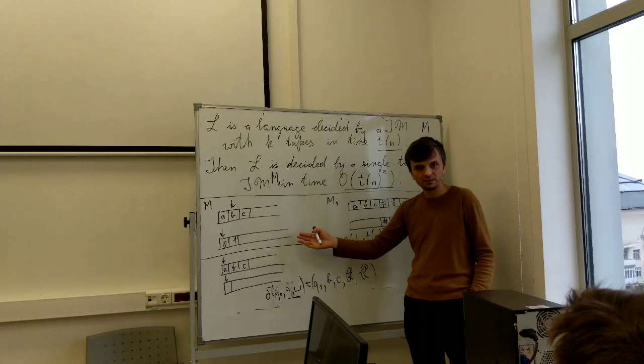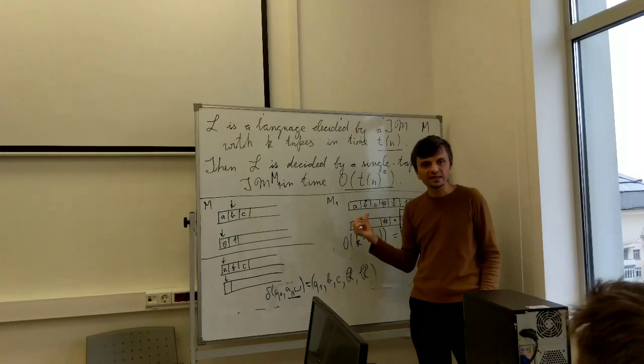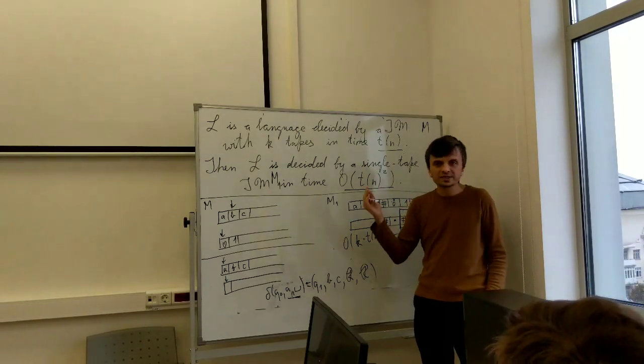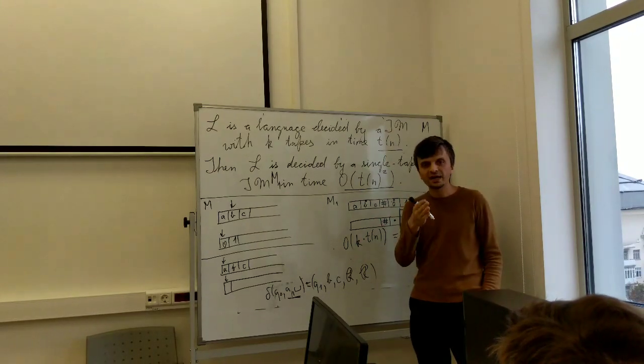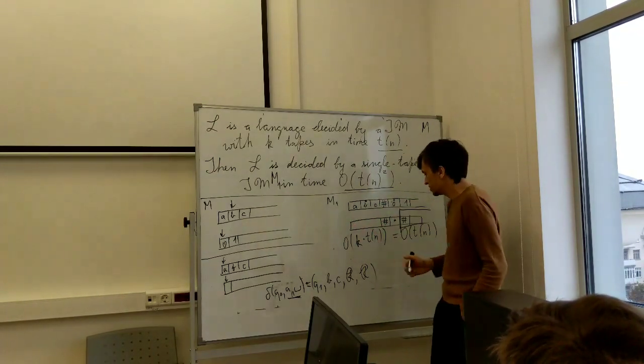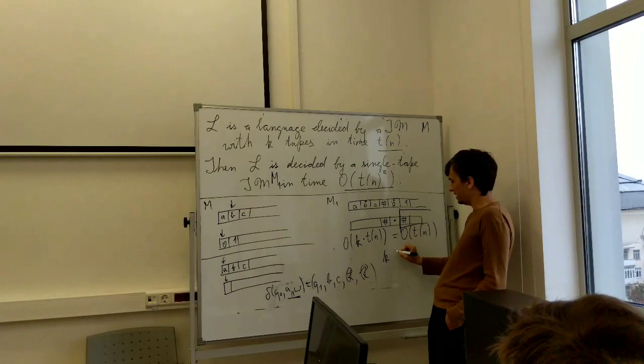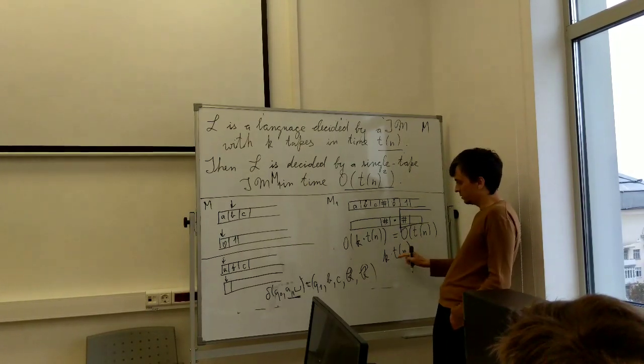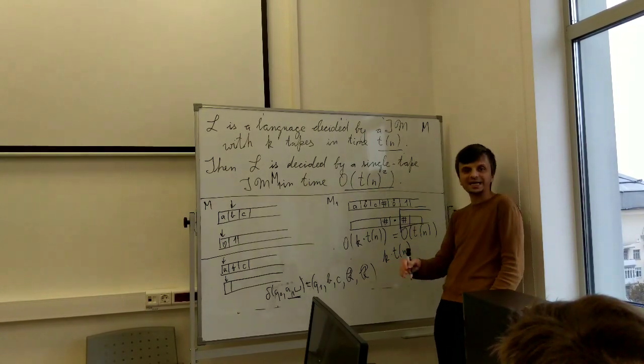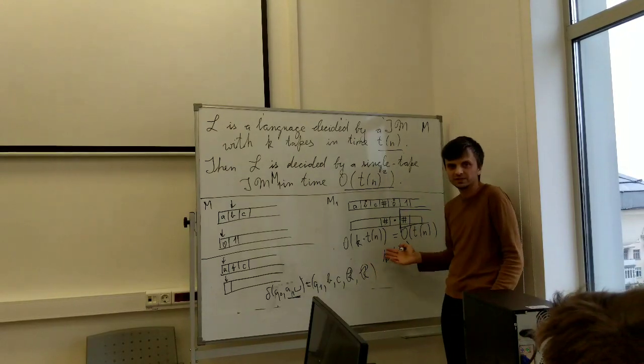At most k, because in the worst case we may have to do it for every tape. So it takes again k multiplied by T of n, but k is again a constant, so it's fine.